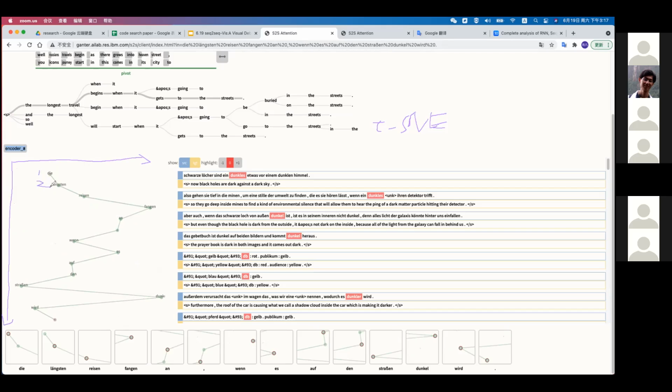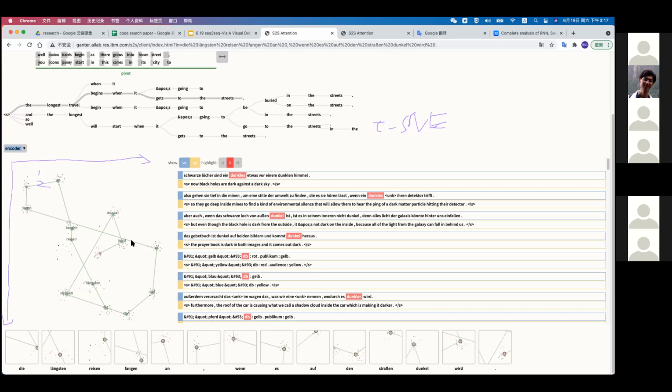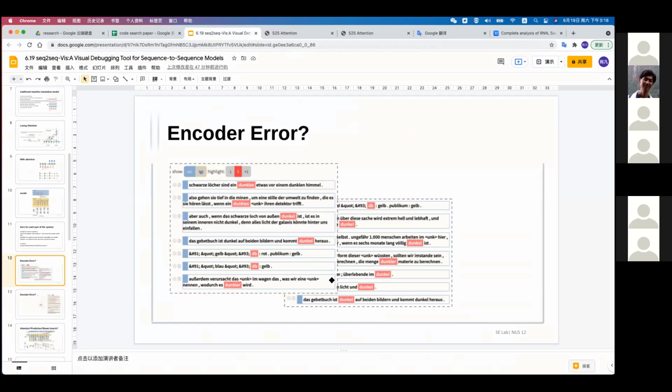This is the first, this is the second, and this line is the y dimension projection of the word. Sometimes they project to one dimension, and here it projects to two dimensions. Okay. So from this, they think the encoder is good because they encode to the same "darkos" neighbors.